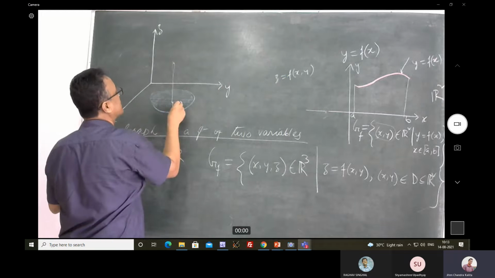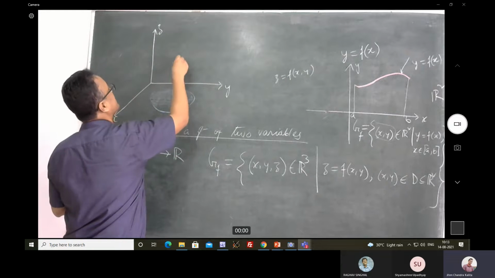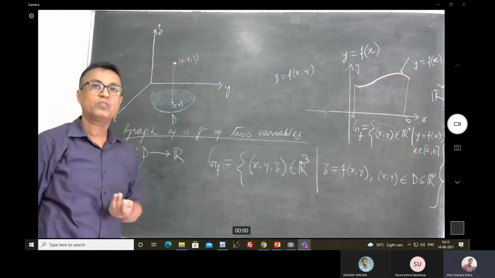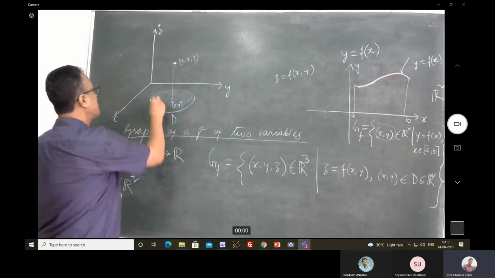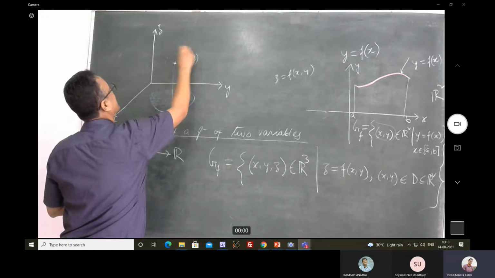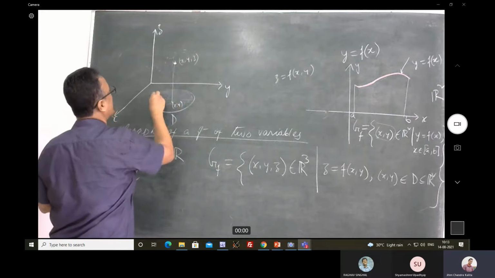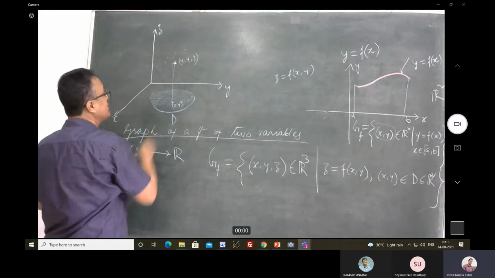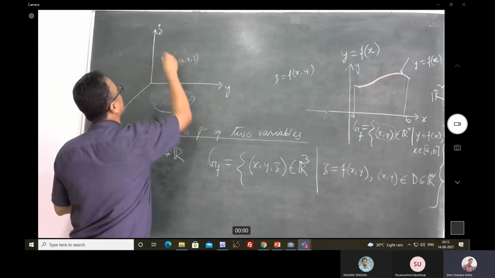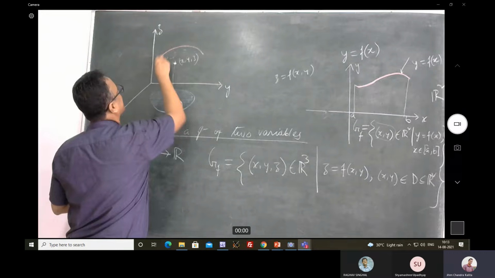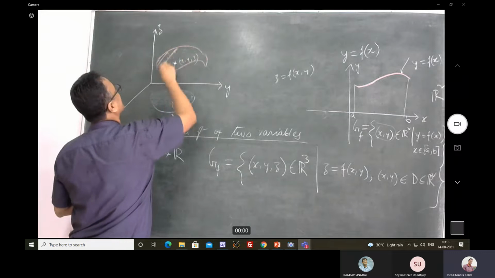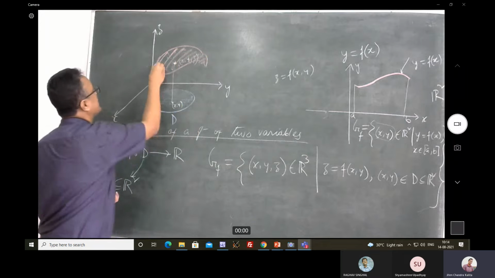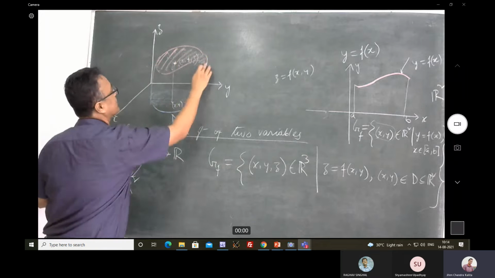So corresponding to this point, I get a point (x, y, z) in space such that z equals f of (x, y). Similarly, if I find all those points corresponding to the points belonging to D, it is going to generate a surface like this.